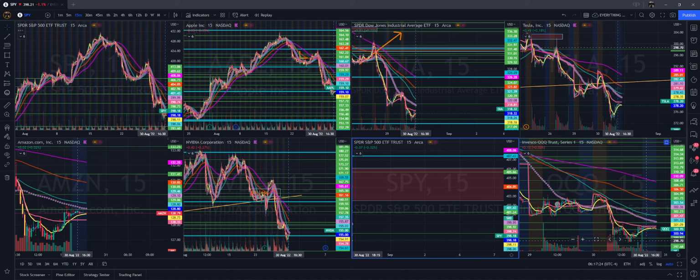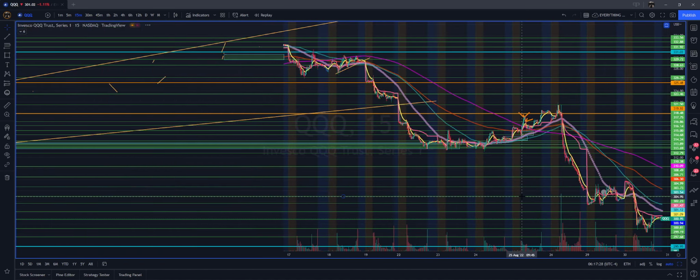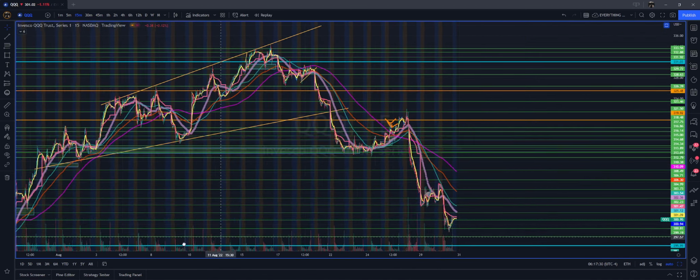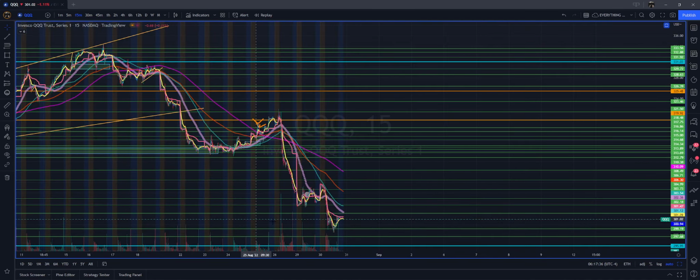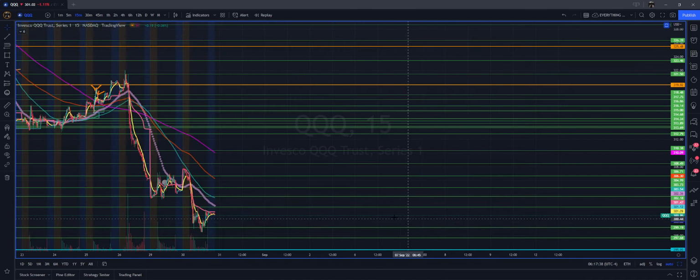Now we go on QQQ. Alright, as you can see, there's too much noise over here. I'm gonna delete some, the one in the middle. Alright, and just keep that in mind. We have a supply zone right here.